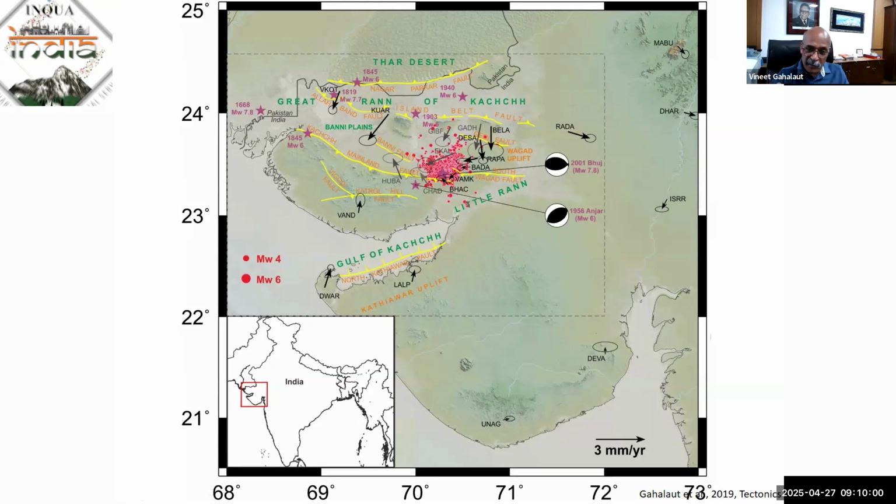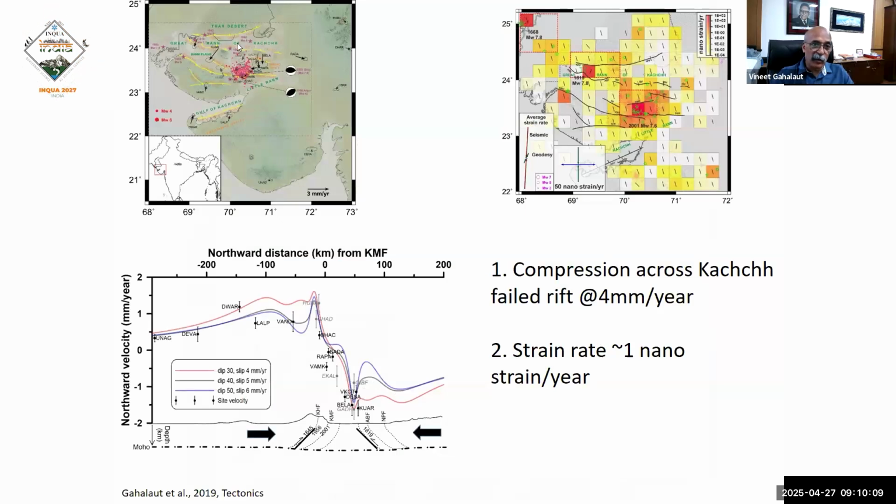To see it through observation was a surprise. And if I draw a cross section across it, that's how it looks. I see a differential movement here, and a systematic pattern. All these sites here are moving towards north, and all these sites here are moving towards south.